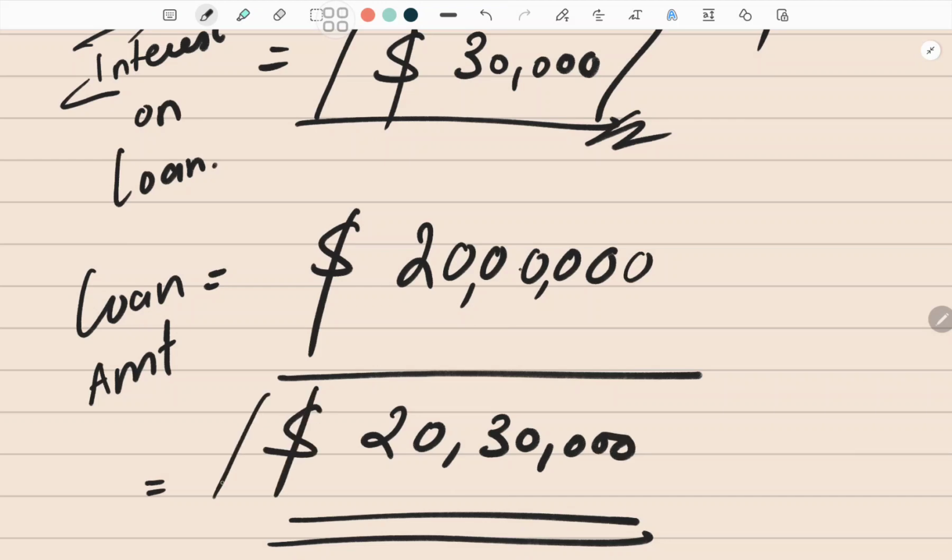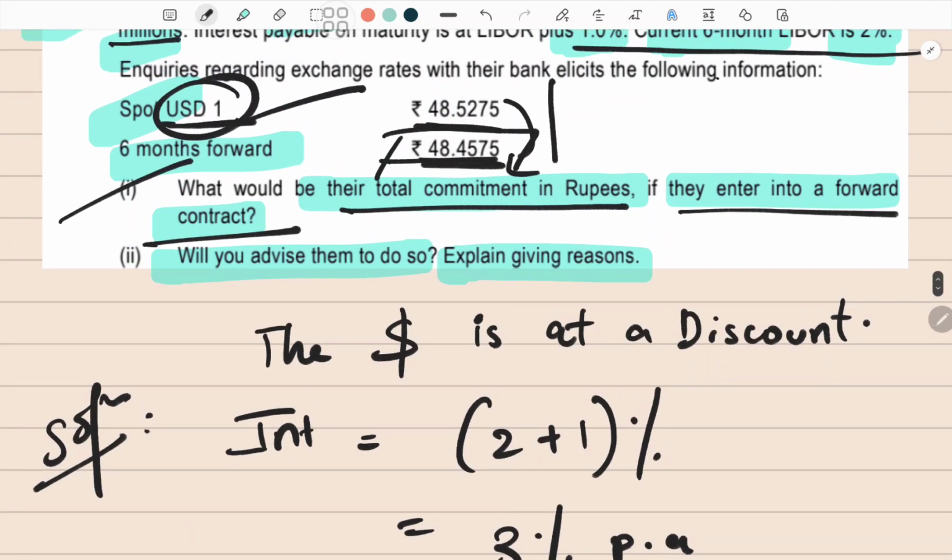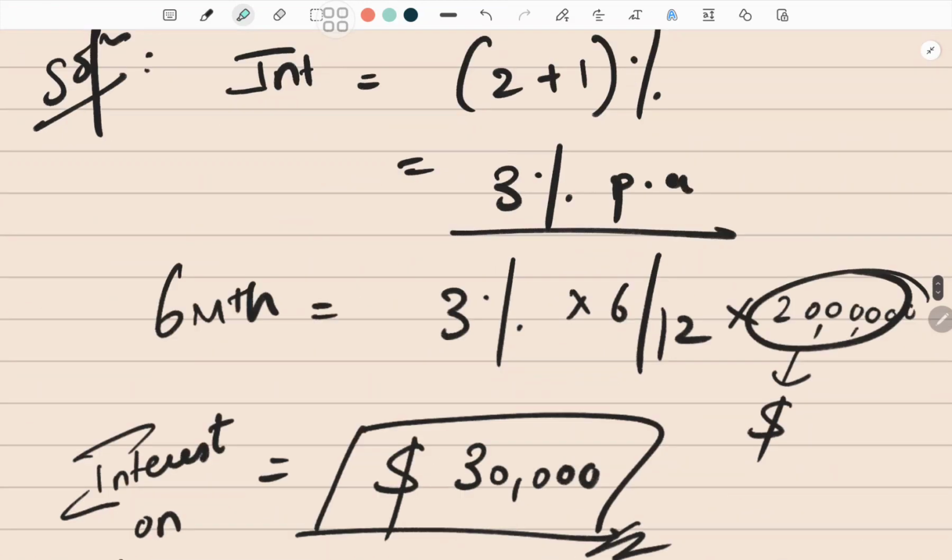What? Dollars. Okay, now they have asked the total commitment in rupees. So till now we have the total commitment, but in dollars, okay, 20,30,000 dollars. In rupee, we'll do that using the forward rate. The forward rate is this rate, 48.4575.